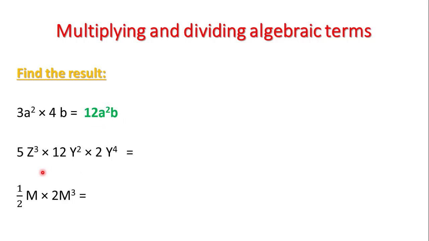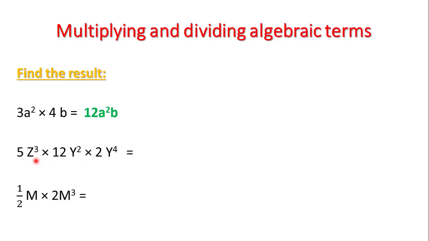The next one we have 5z power 3 times 12y power 2 times 2y power 4. At first, we will multiply numbers, we will multiply coefficients. 5 times 12, 60. 60 times 2, 120.